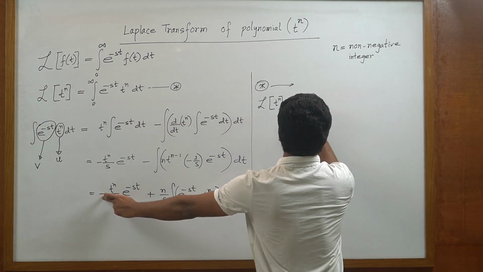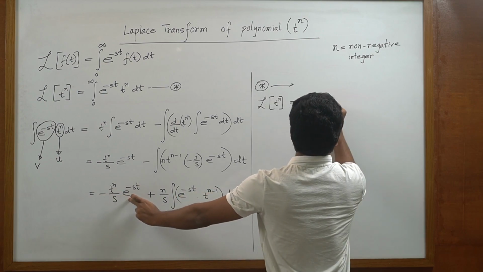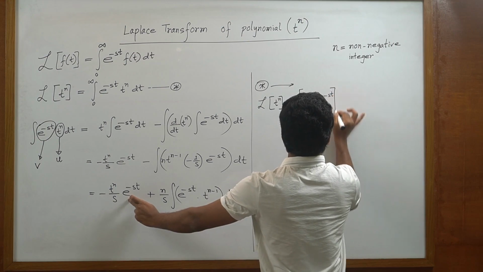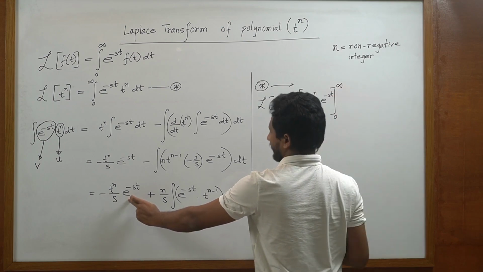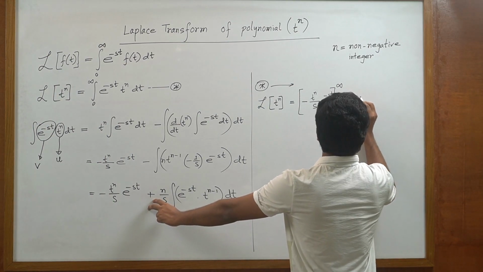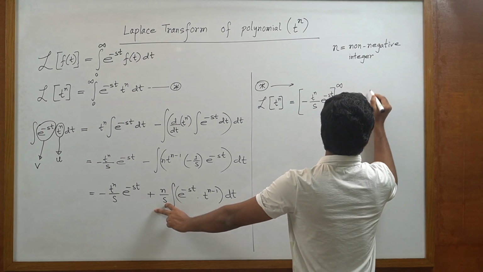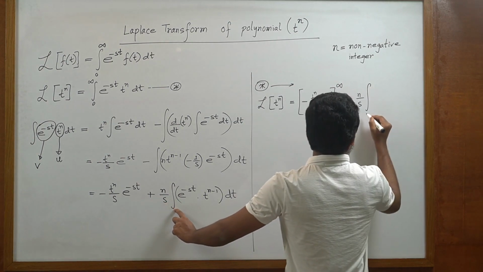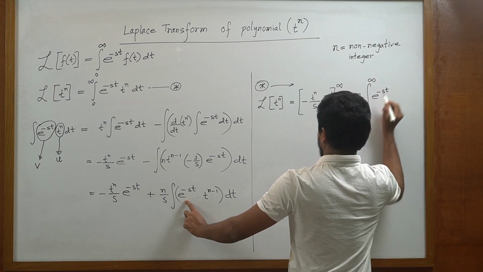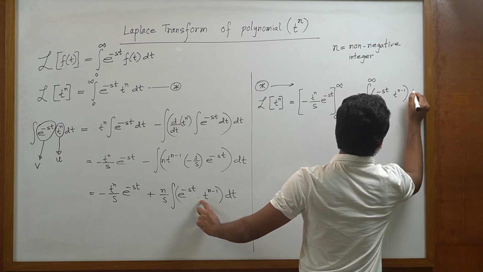So minus t to the power n by s e to the power minus st from 0 to infinity, then plus n by s integration from 0 to infinity of e to the power minus st into t to the power n minus 1 with respect to t.